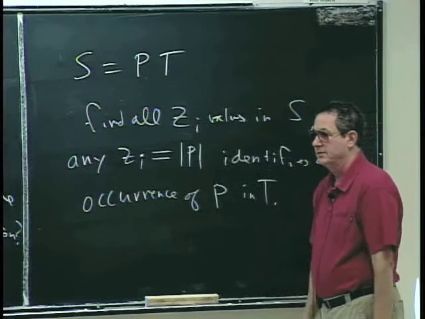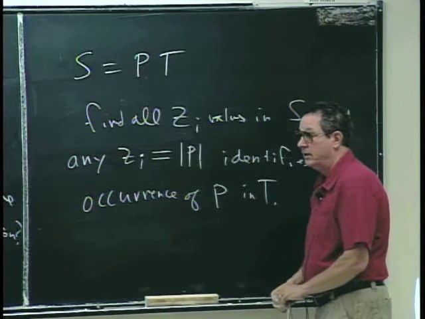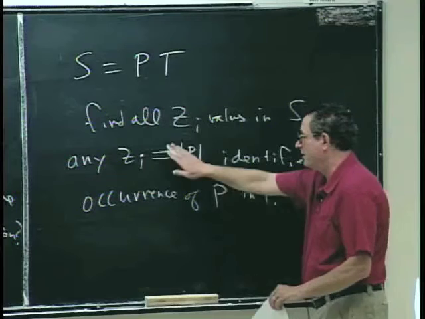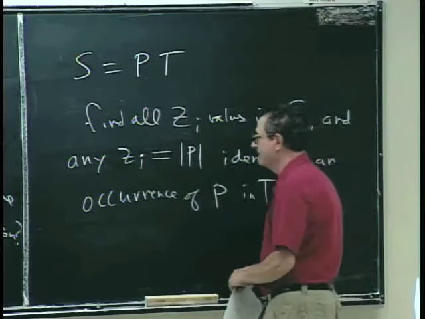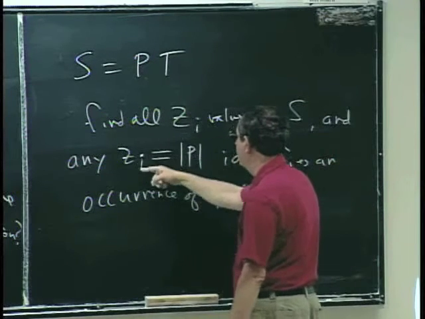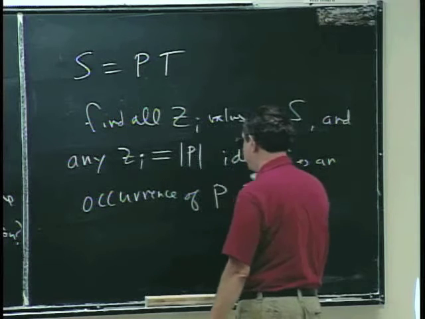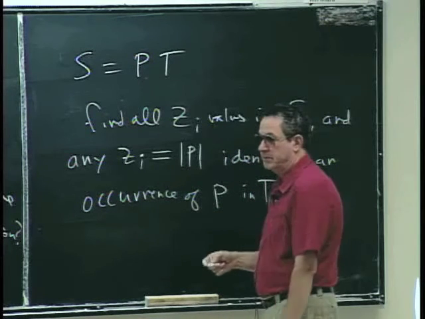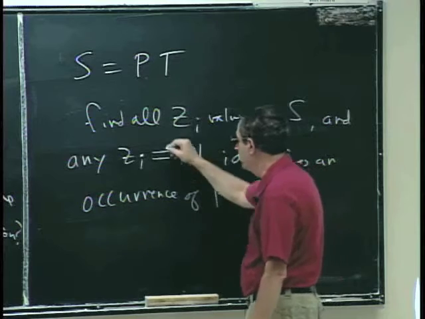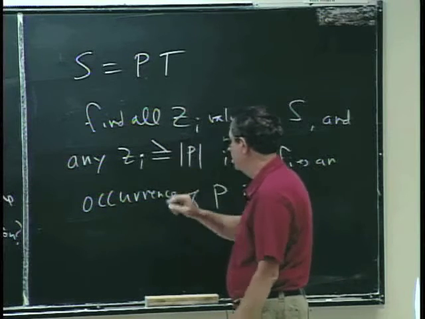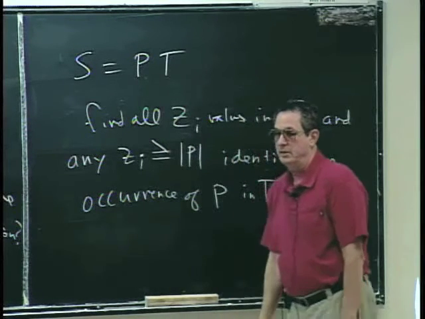Yeah. Greater than? Alone? Just greater than? Or equal, yeah. Right. So this actually is true that any zi that equals the length of P does identify an occurrence of P, but it doesn't necessarily identify all of them. So you want it to be greater than or equal to the length of P.